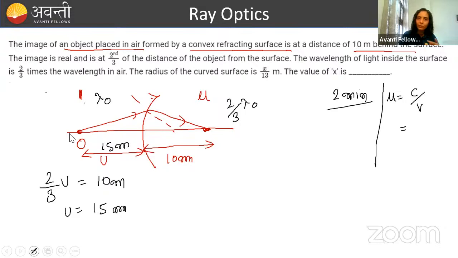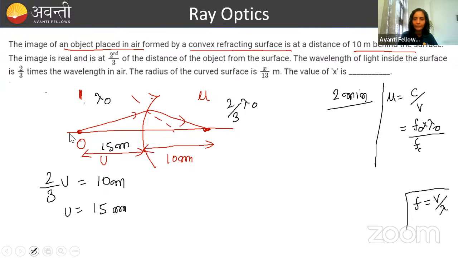And since we are talking about light, you must have studied that velocity of light is equal to frequency times wavelength. So in place of c, the speed of light in air or vacuum, we can write frequency of light in air times wavelength of light in air, divided by, again the same thing for the second media.